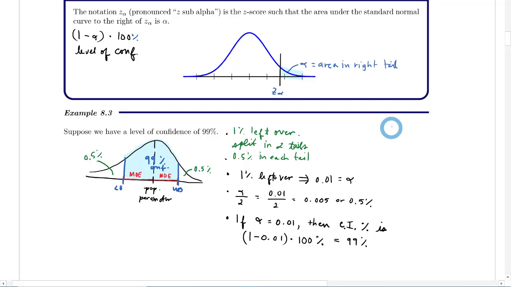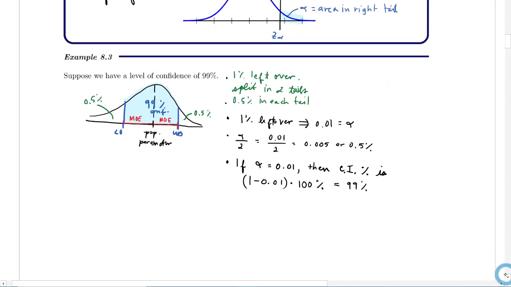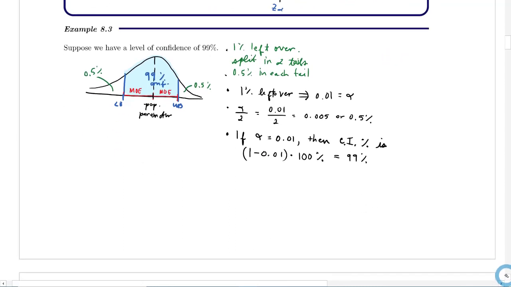And so, let me just move this up a little more. Okay, so now let's think about what this means. What does a 99% confidence interval mean to our sampling distribution and to what we really want to talk about when it comes to the population parameter?